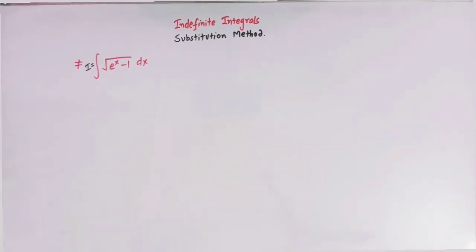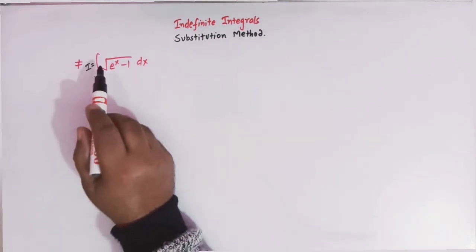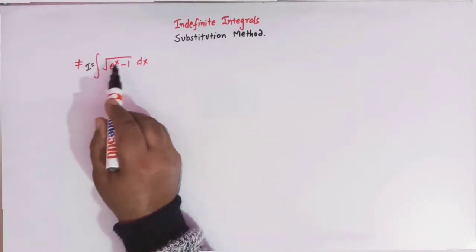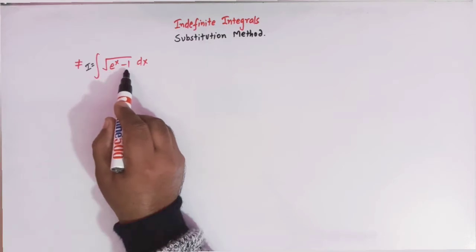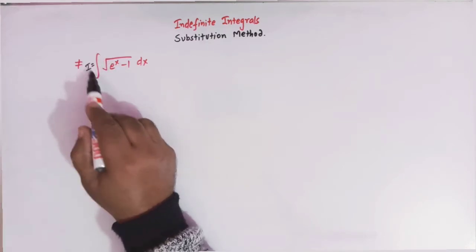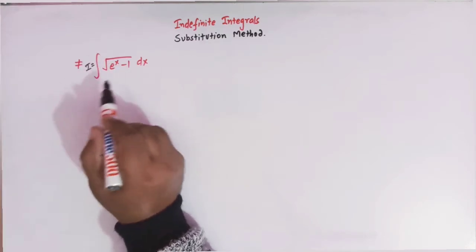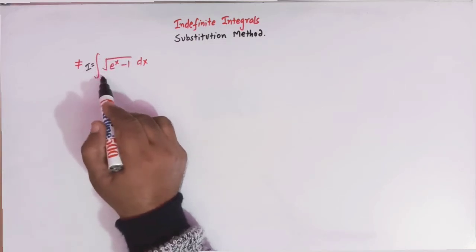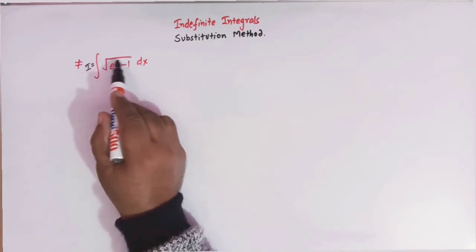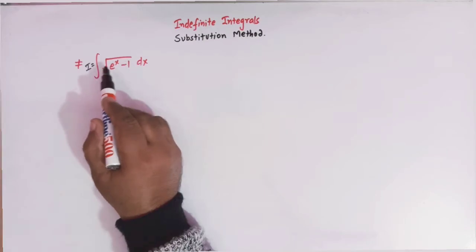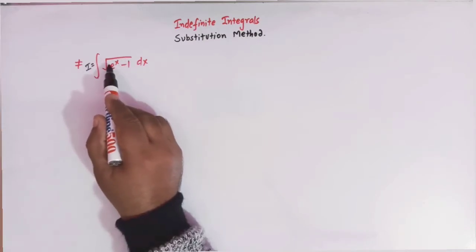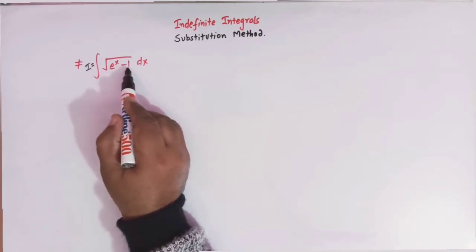So let us take the first problem, that is the integral of square root of e raised to x minus 1. We call this integral I. Now see here, our integrand is in the form of a square root, and inside the square root sign we have e raised to x minus 1.